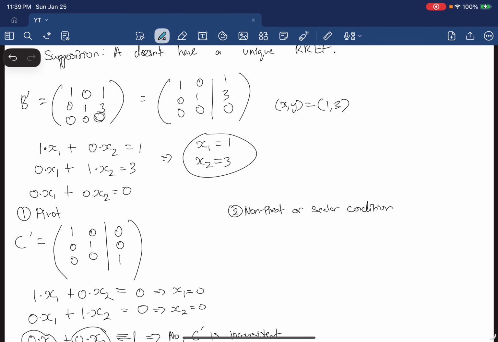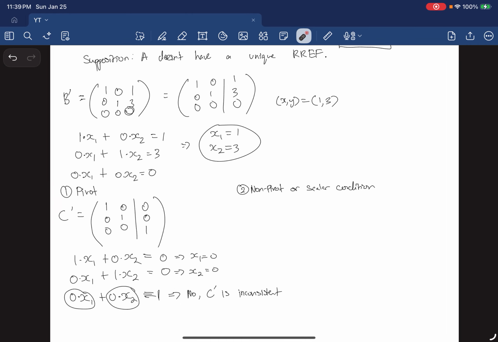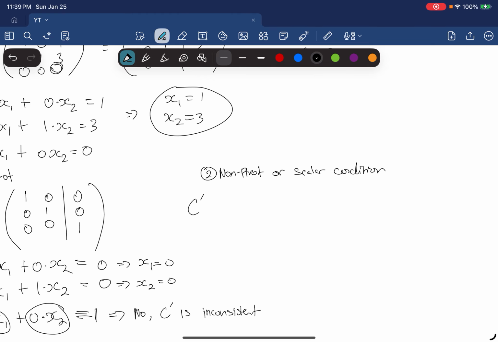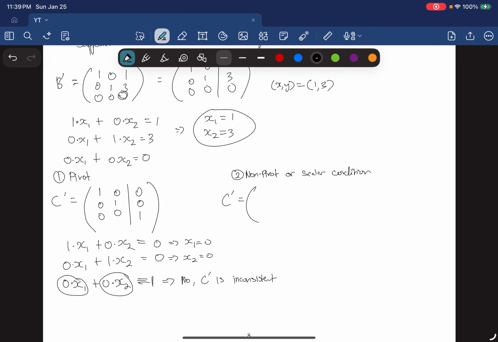And we see here that B prime is 1, 0, 0, 0, 1, 0, augmented with 1, 3, 0, okay? In RREF, since this is augmented, this is allowed, right? Because this part is in RREF, and this part can be really any scalar. It's just that this has to be 0. Let me show you what I mean. So the possibility is that C prime can be 1, 0, 0, 0, 1, 0, augmented with A, B, C, right?